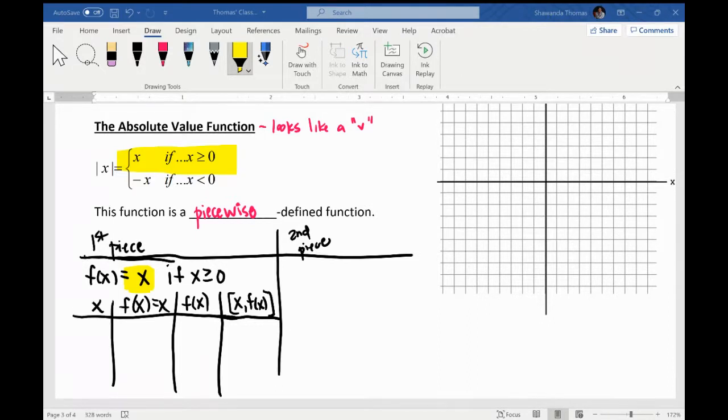Linear. All right. Can anyone tell me how I know it would be linear? Because it's just a line. But we don't know that just yet. If you didn't know that, give me a clue. Because f of x equals x.